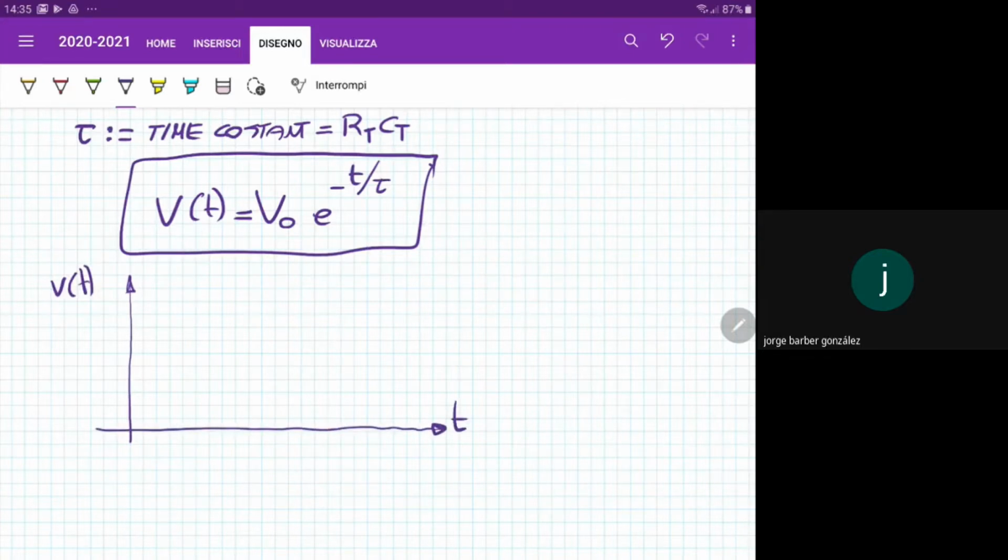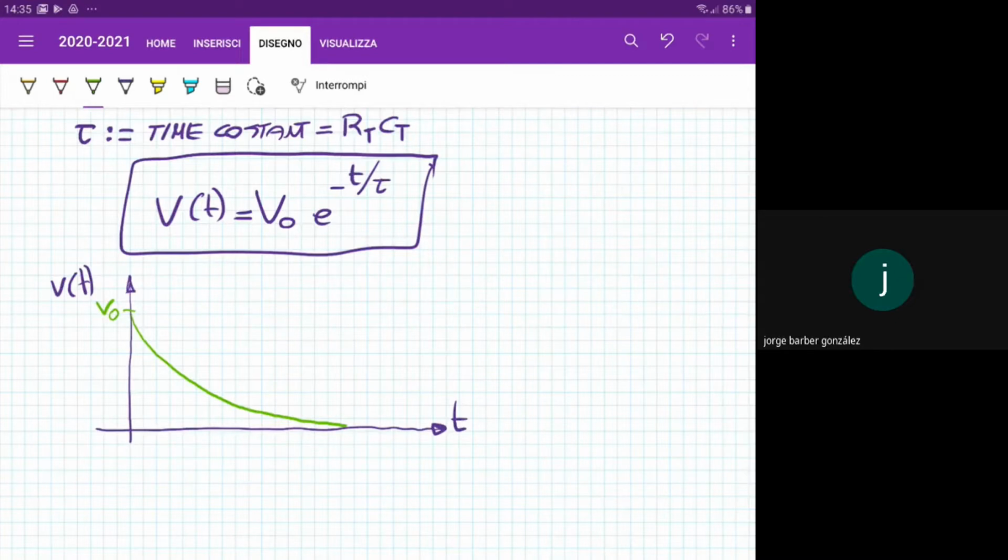As a matter of fact, that equation is telling me that the output tension, starting from a maximum value V0 when time is equal to 0, is attenuating following an exponential law like this.